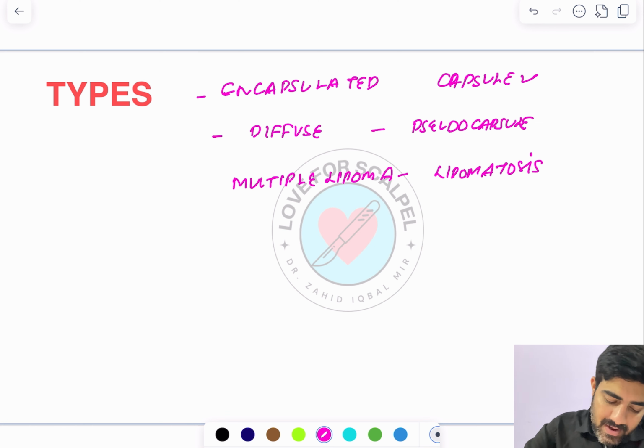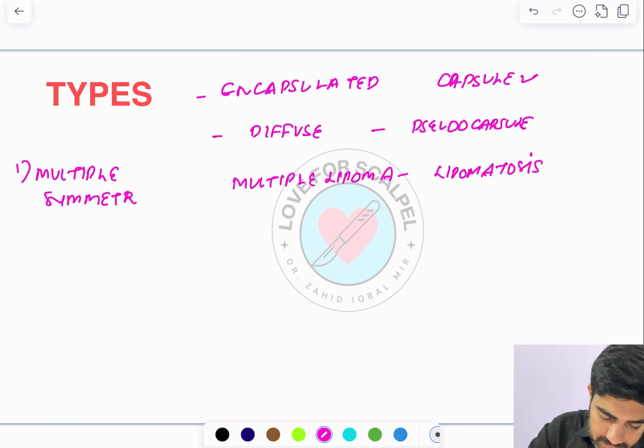First we have multiple symmetric lipomatosis.